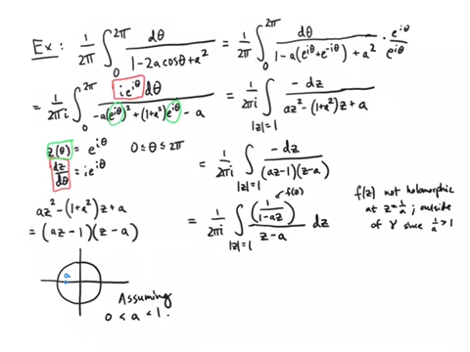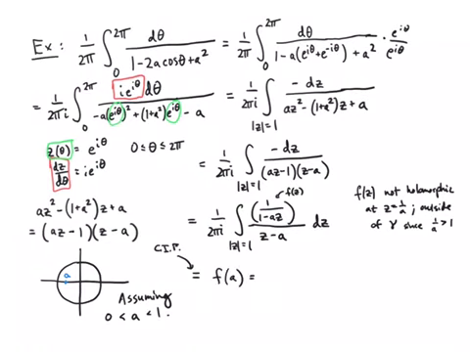So our f of z is holomorphic in the unit disk inside the unit circle, and so we can apply Cauchy's formula. This is going to be from Cauchy's integral formula: we just take that f and we evaluate at a.